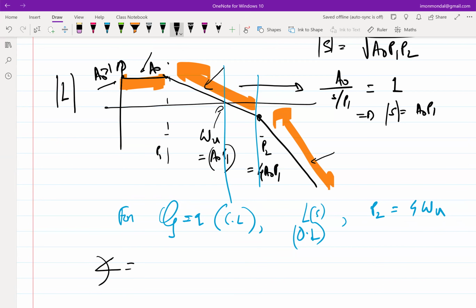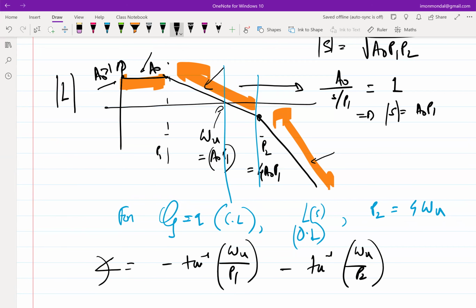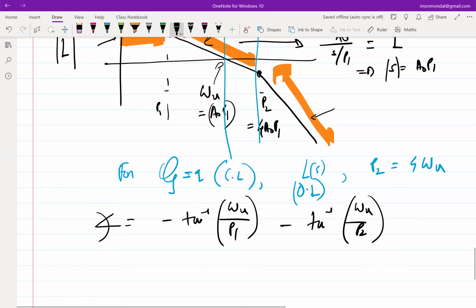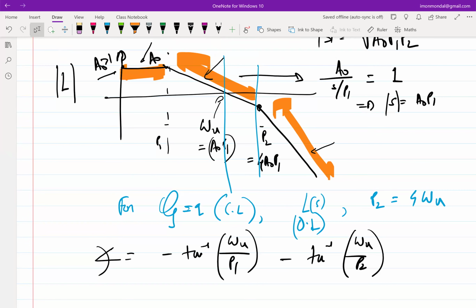So what is the angle at the gain crossover frequency? You will have minus tan inverse omega u by P1 minus tan inverse omega u by P2, right? So if you have A naught much greater than 1, can you comment on this term approximately? Again, if A naught is much greater than 1, P1 is here, omega u is here.